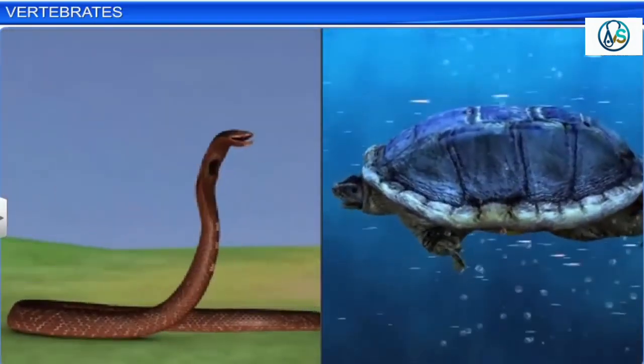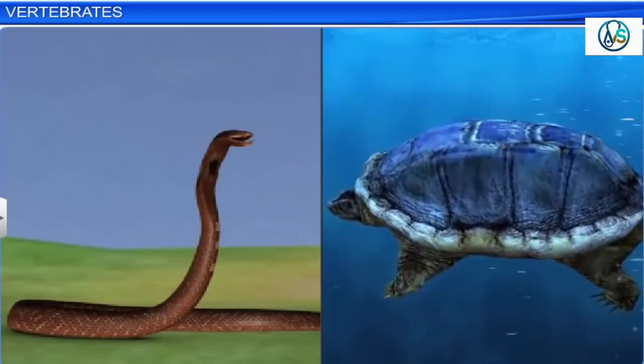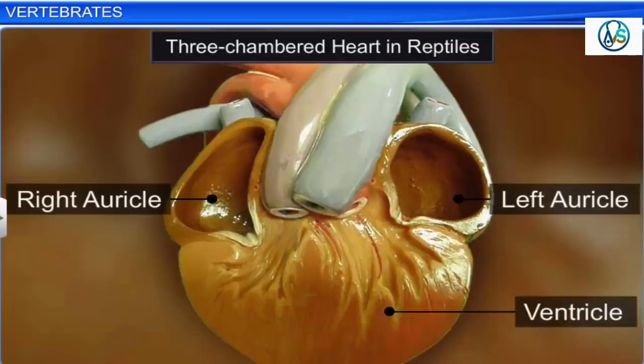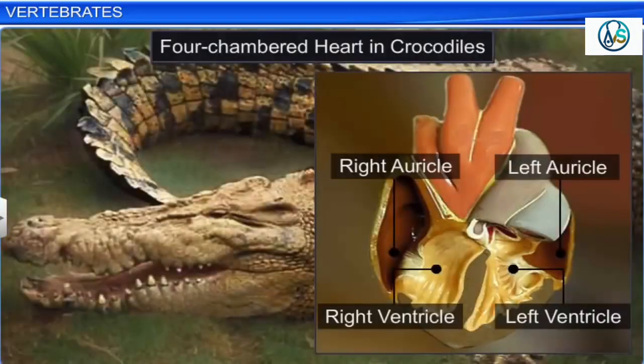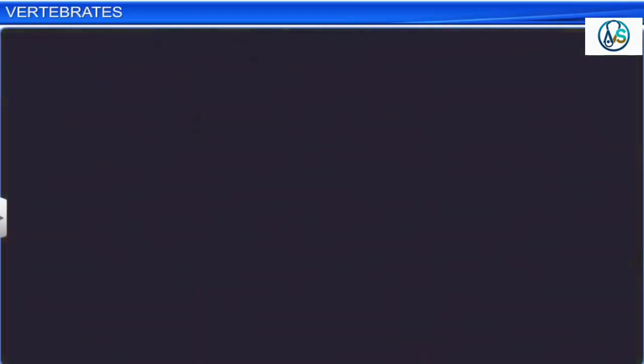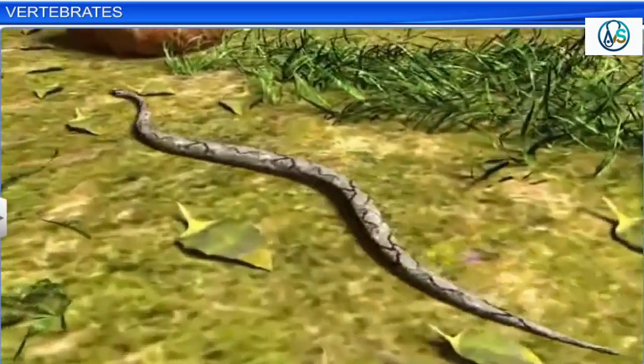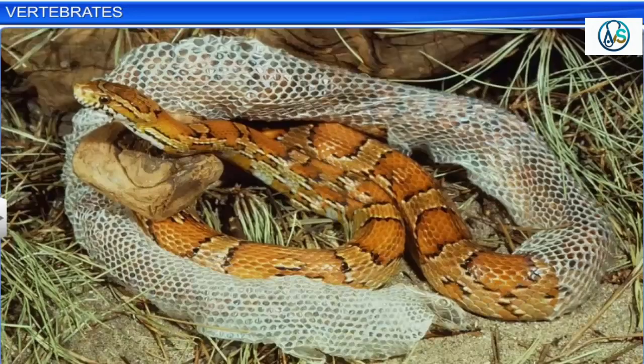They have external ear openings, and the tympanum represents the ear. Except for snakes, reptiles have 2 pairs of limbs. Reptiles are cold-blooded and usually have a 3-chambered heart. However, crocodiles have a 4-chambered heart. Some reptiles, such as snakes and lizards, shed their skin.